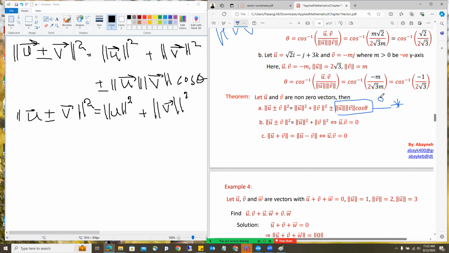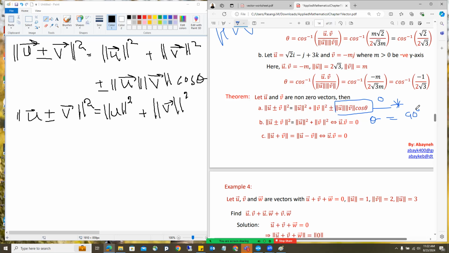This entire part equals 0 means cos theta equals 0, since these two are non-zero vectors, no? Cos theta equals 0 when theta is 90 degrees. Is it clear? Yeah. Okay.